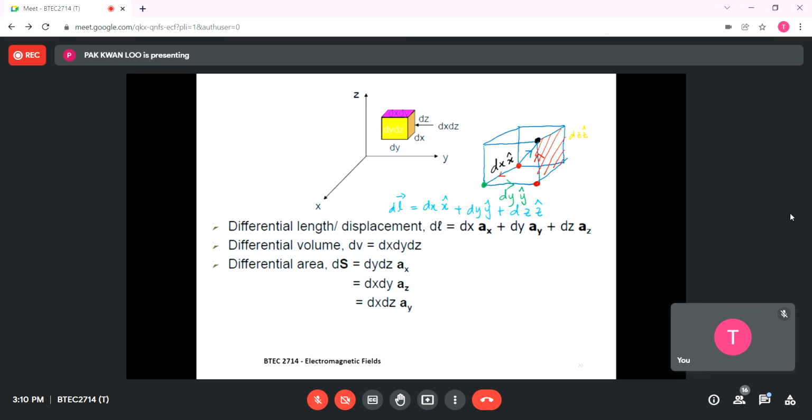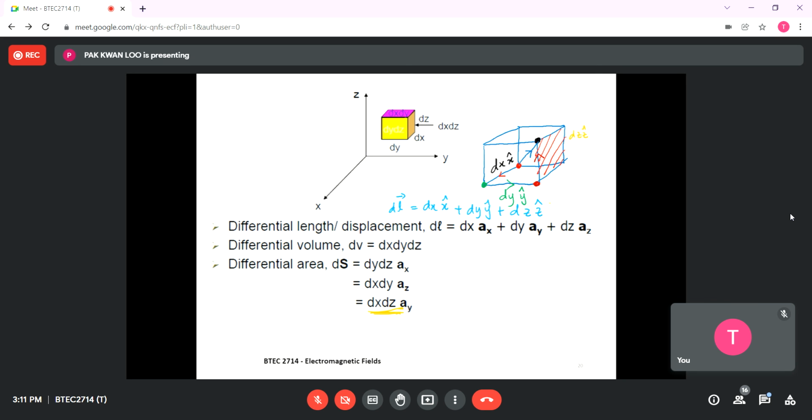So by imagining, if this is the shaded area, the normal direction perpendicular to the area is in the y direction, right? So the differential area for this is in the y direction.